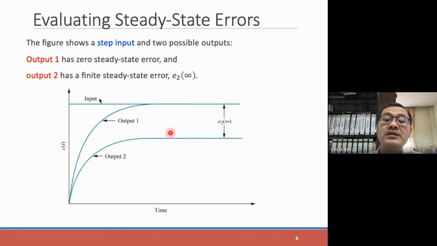This is probably due to the configuration of the system itself. For example, you may install a heat exchanger, and the heat exchanger itself has a limit of heat transfer. So no matter how much you adjust the steam, you are limited by the opening of the valve. If you have opened your valve fully, the amount of steam can only supply this kind of heat.